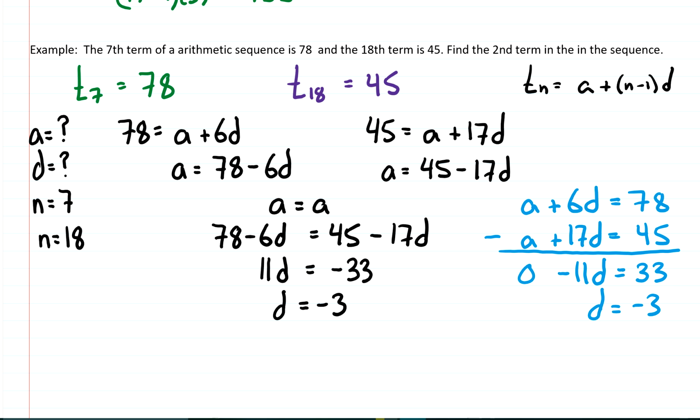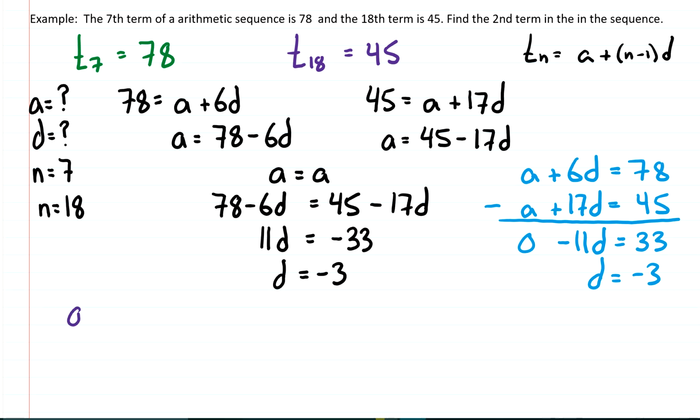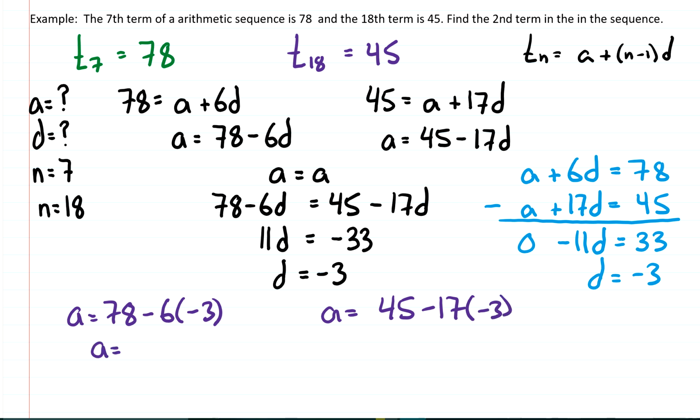Now to get the first term, we could just substitute it in. In fact, I would encourage you to substitute into both equations because it should be true for both equations. So I think I have some time on this video to show that. So I could say that A is equal to 78 minus 6 multiplied by negative 3. And A should also be equal to 45 minus 17 multiplied by negative 3. So here the A value would be 78 plus 18.